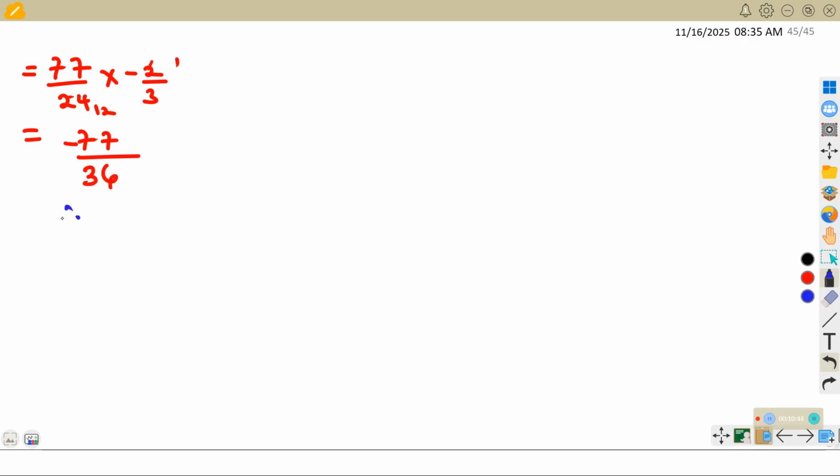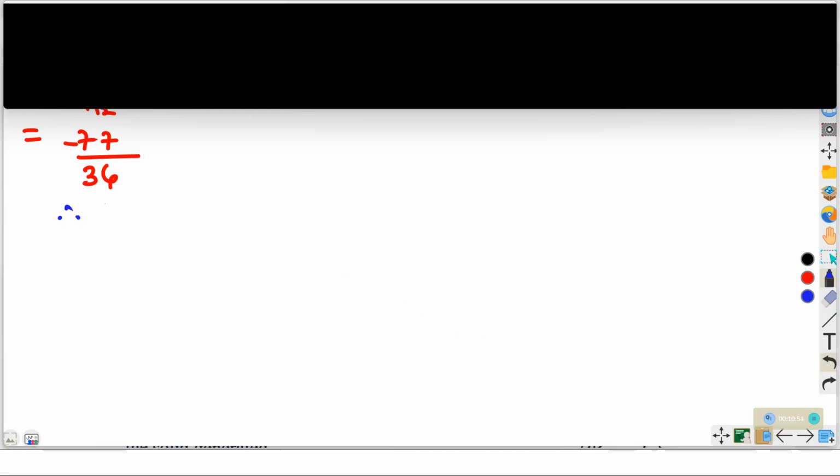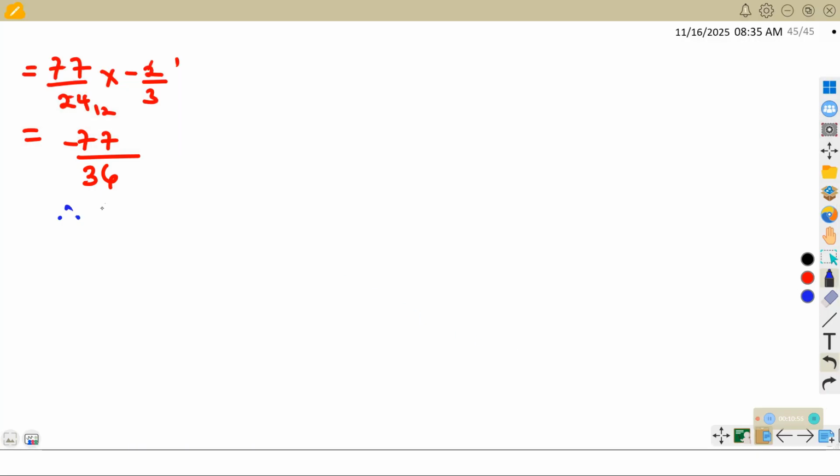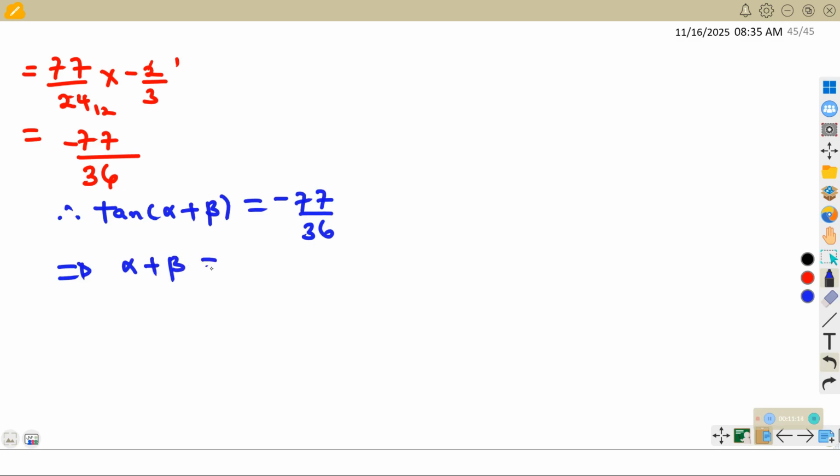So therefore we can easily see that we have got our tan of alpha plus beta as -77/36. So this implies that alpha plus beta is actually the same as tan inverse of -77/36.